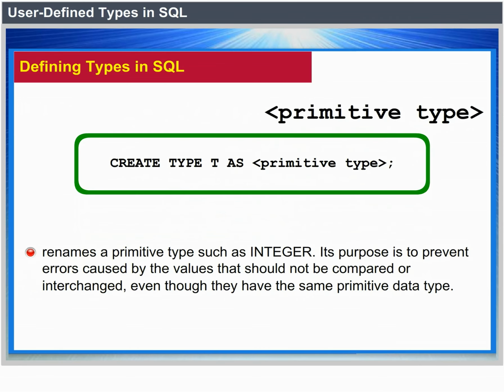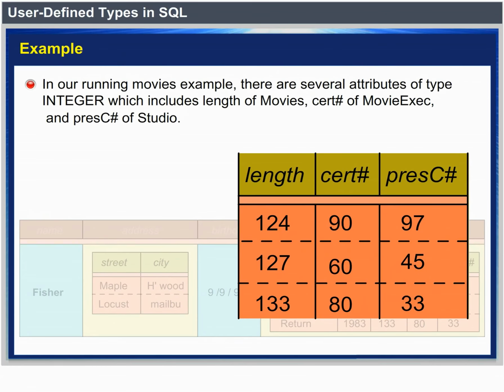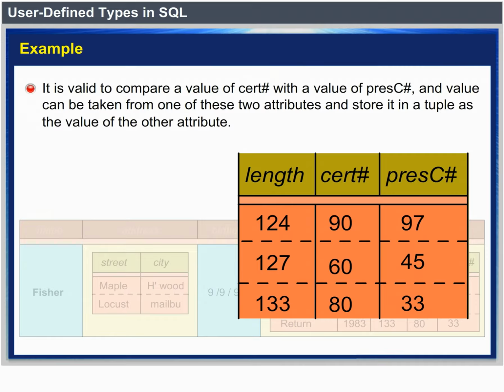Example. In our running movies example, there are several attributes of type integer. These include length of movies, cert# of movieExec, and presC# of studio. It makes sense to compare a value of cert# with the value of presC#, and we could even take a value from one of these two attributes and store it in a tuple as the value of the other attribute.